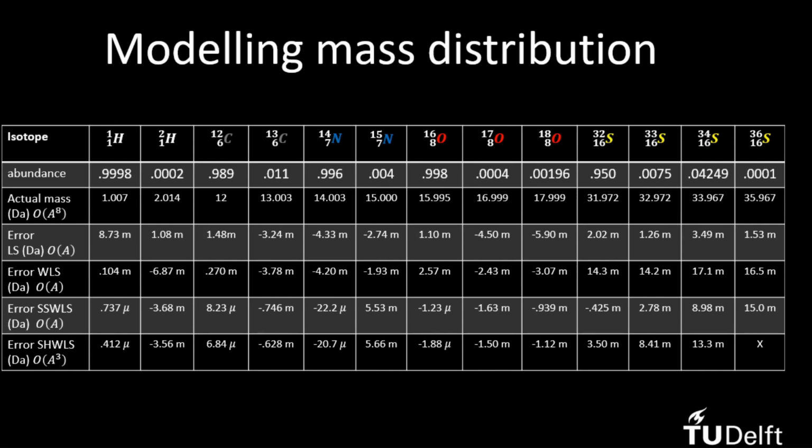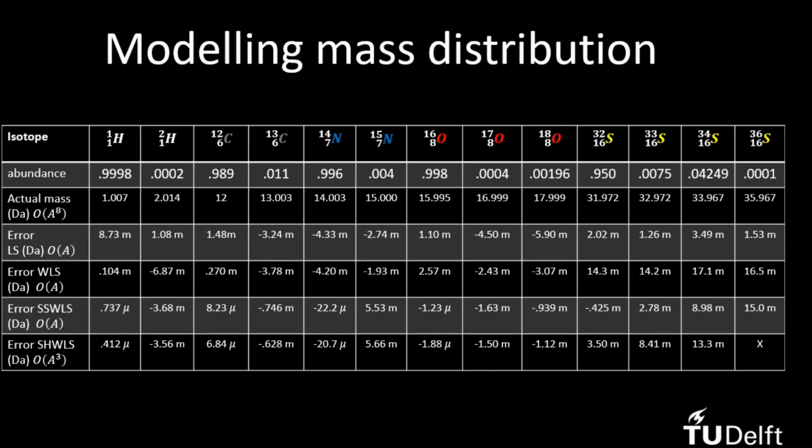Now, if you do just the least squares, then you'll also have a complexity of A, but you'll see that the error, although not too big, is significant enough. When you do a weighted fit, you also see that the error is redistributed, and you'll see that the isotopes which frequently appear inside of your protein also have less error.